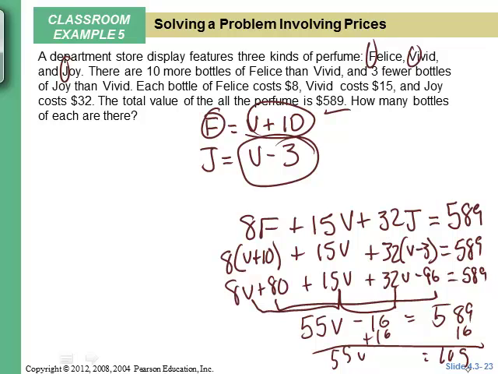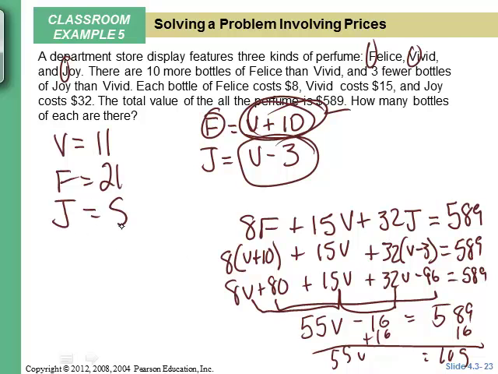So let's take 605 divided by 55, and we get Vivid. Number of bottles of Vivid is 11. So Felice is 21 because it's 11 plus 10, and Joy is 8. You do this one.